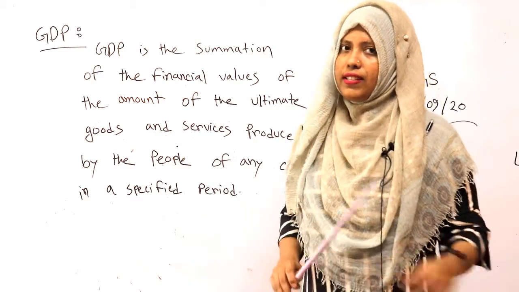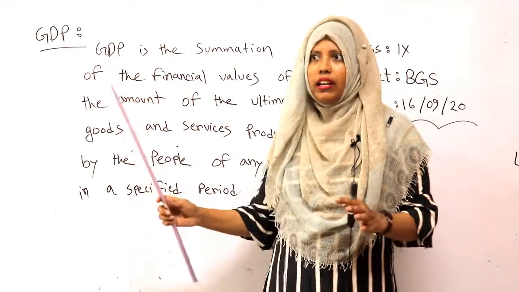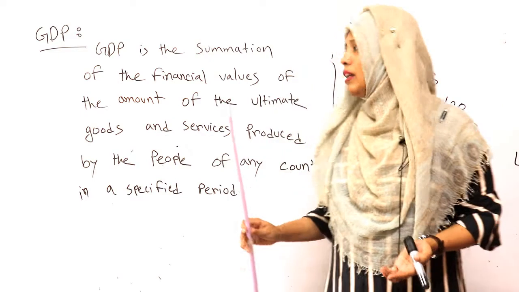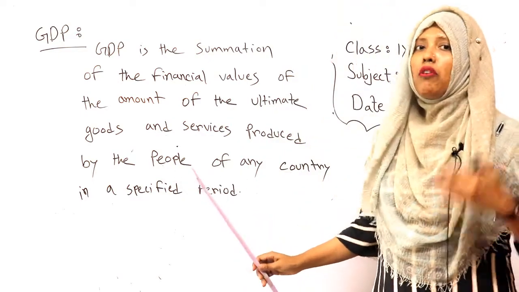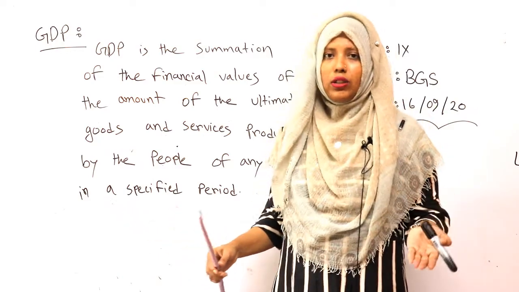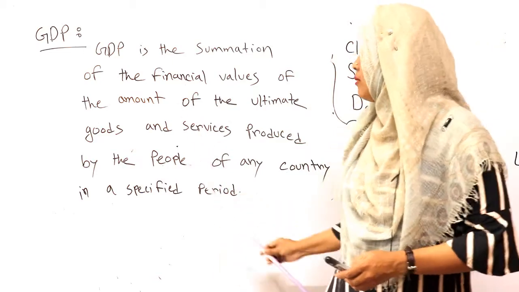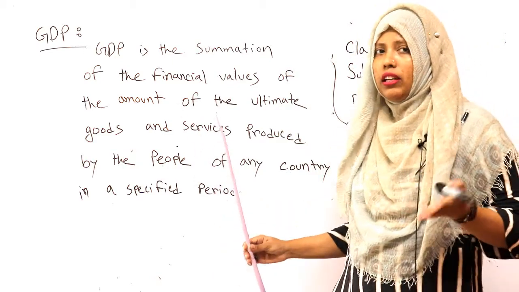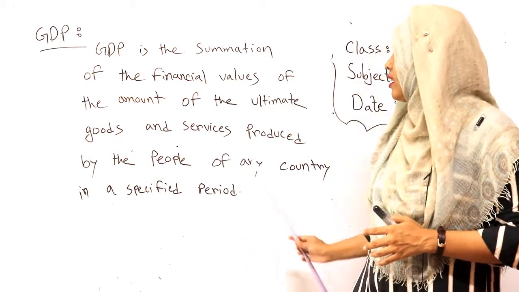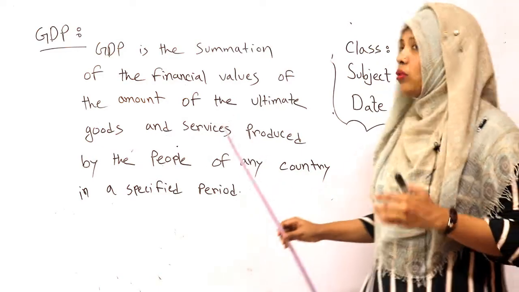The main difference is this, but the measurement of GDP and GNP is almost the same. The main difference is the income of which people is included in GNP and the income of which people is included in GDP. So we have understood that the income of the people in our territory, or the territory of any country, is included in GDP within 1 year. And which income?